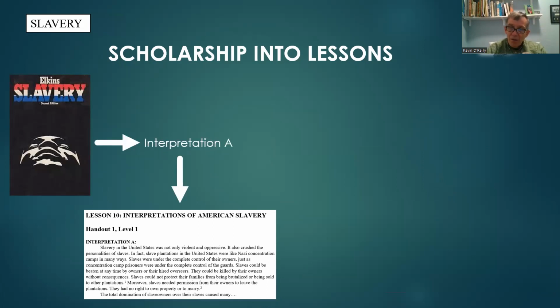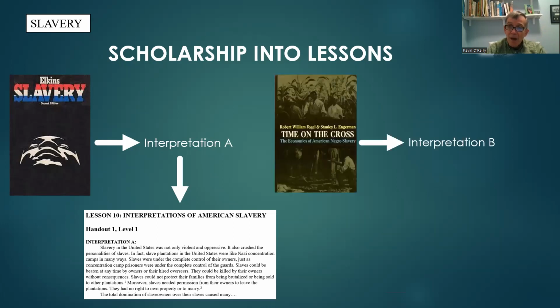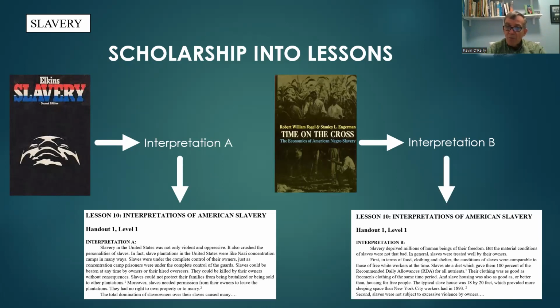Okay, on slavery, we have Stanley Elkins, and that's interpretation A. He's got his theory, and there's a lot of really interesting arguments and evaluating evidence in this interpretation. It's one of my favorites to do with students. And then Time on the Cross, Fogel and Engerman using computers to evaluate mounds of information, and they have their interpretation, which again, is very interesting. On level 3, there are 4 interpretations.